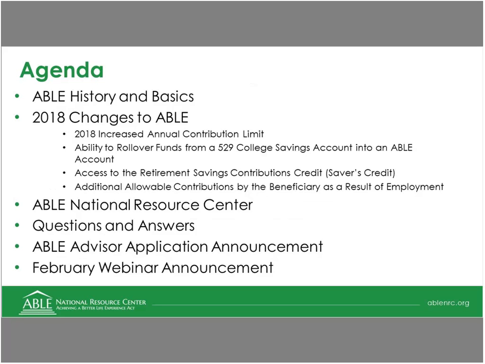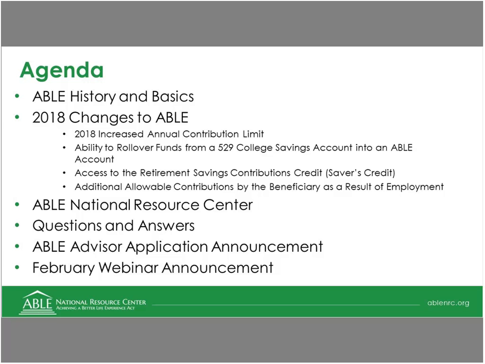So we have a pretty packed agenda today. I just want to go over it briefly. We're going to talk a little bit about ABLE history and some of the basic components that govern ABLE accounts. And then we're going to get into really the substance of the webinar today, which is going to concentrate on the 2018 changes to ABLE. We've broken those down into 4 subsections. The first will be the 2018 increased annual contribution limit, followed by the ability to roll over funds from a 529 college savings account into an ABLE account.